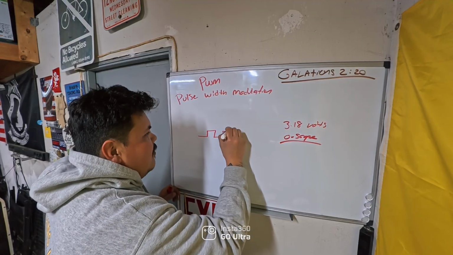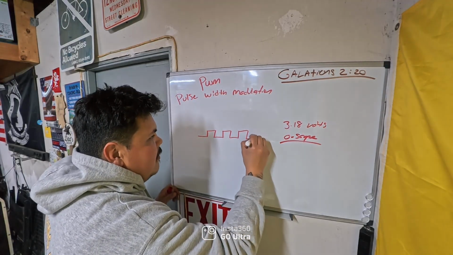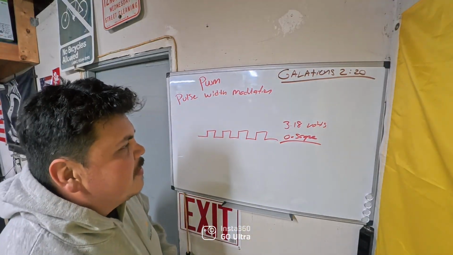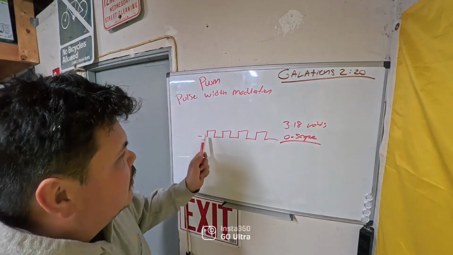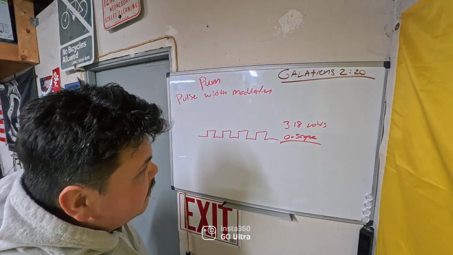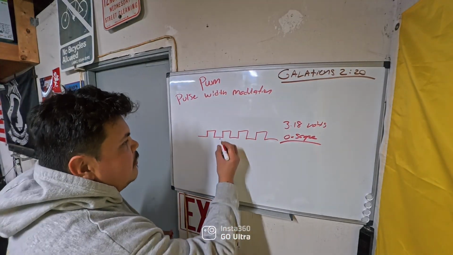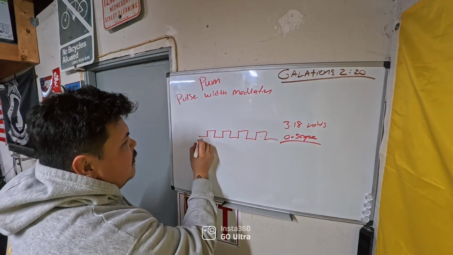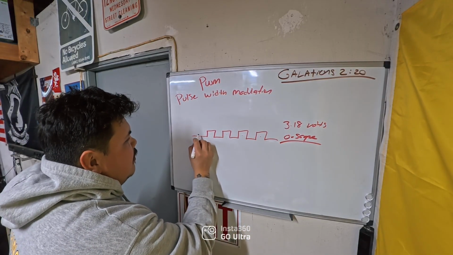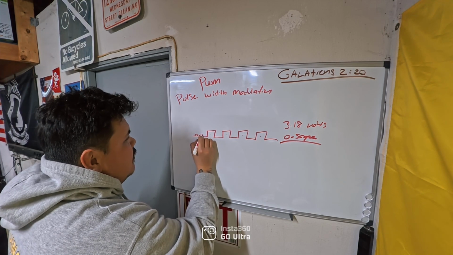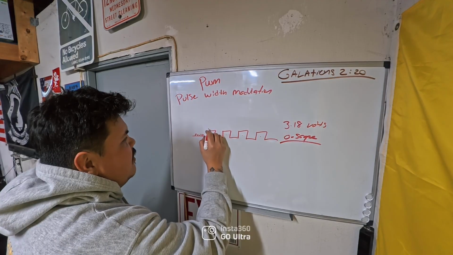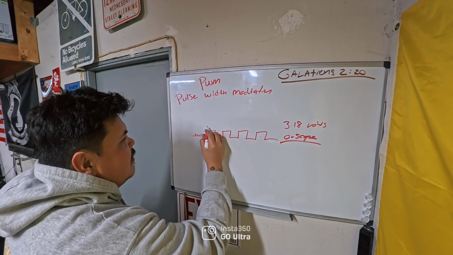So when using an O-scope or oscilloscope, if you're back probing a PWM system, your waveform should be something like this. This is your pulse width. The bottom would be 0 volts or percentage, and then your on time would be in seconds or milliseconds.